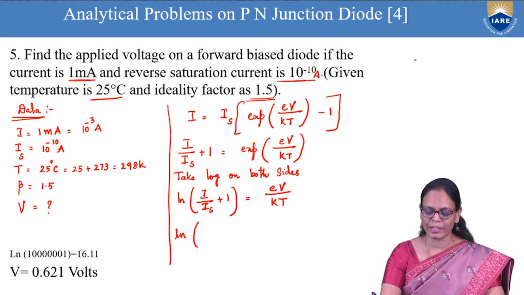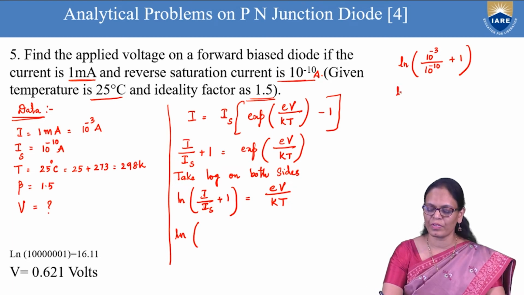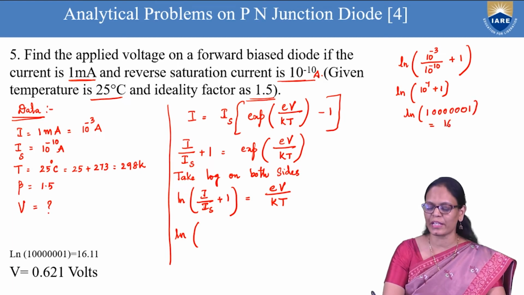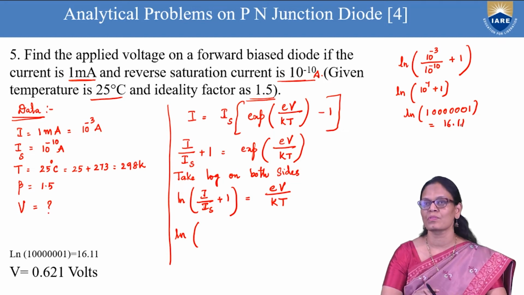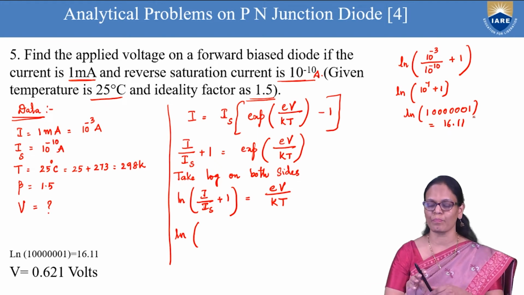I is 10 power minus 3 by 10 power minus 10, which is 10 power 7, plus 1. And this value we get as 16.11. So the value of ln of 10 power minus 3 by 10 power minus 10 plus 1 is 16.11.